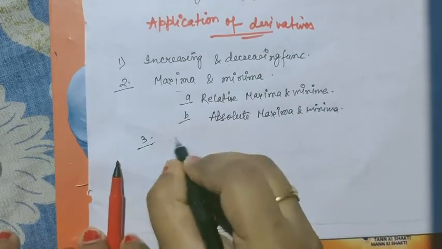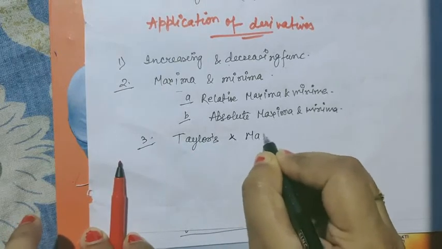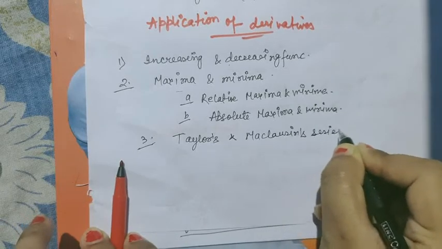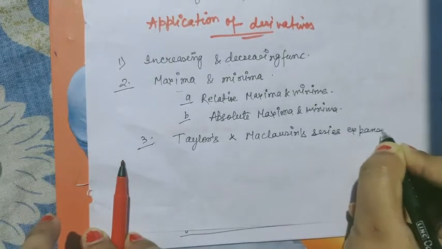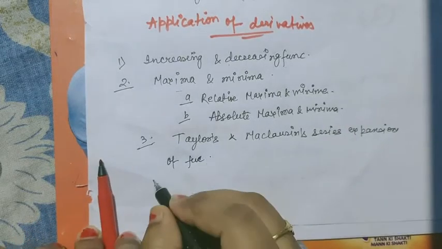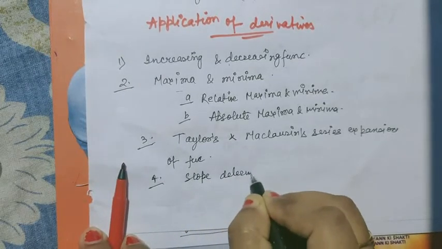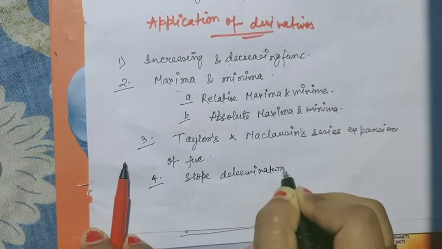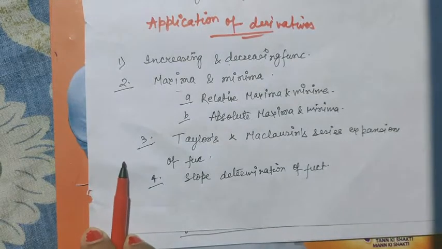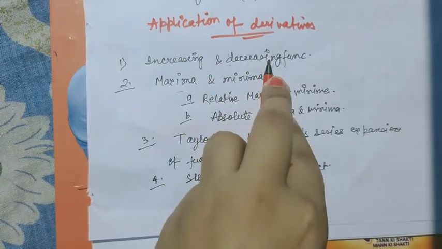Third is Taylor's and Maclaurin's series expansion of function, and fourth one is slope determination of function. Let us start with our first application, that is increasing and decreasing functions.